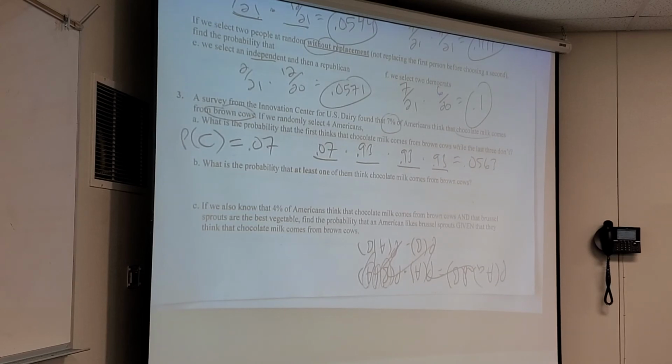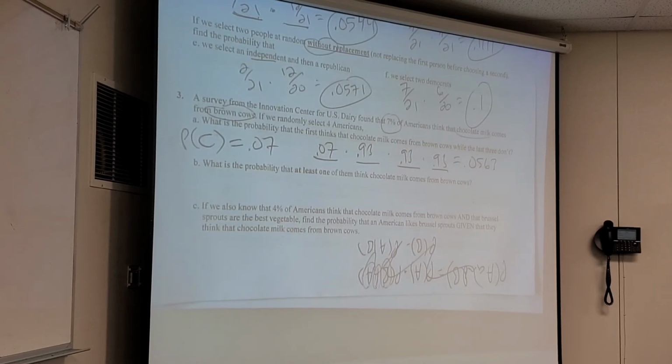What's at least one mean? One. Does it just mean, say again, sorry. Just one. One or two or three or all four. Yeah, right? You guys with me? How many ways is there to have one person thinking that way? The first person thinks that way, or the second person thinks that way, or the third person, or the last person. You have to do each of those and add them because or means add.